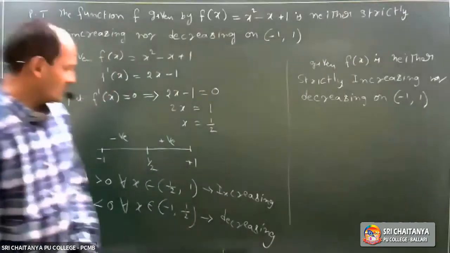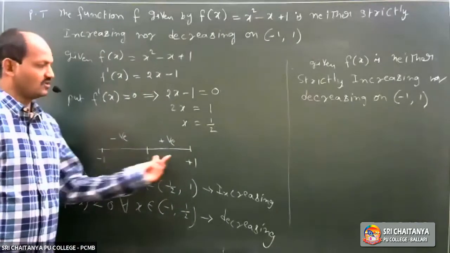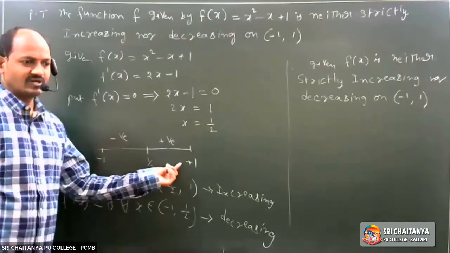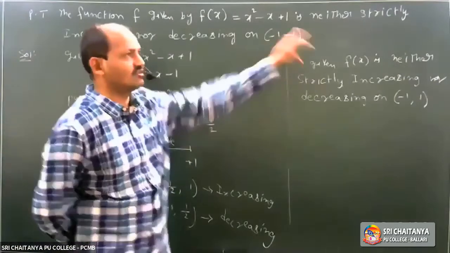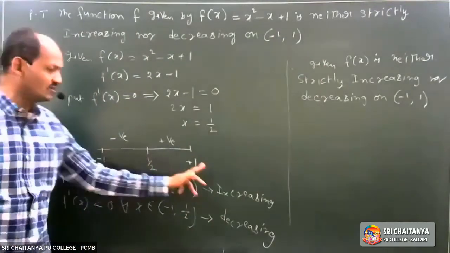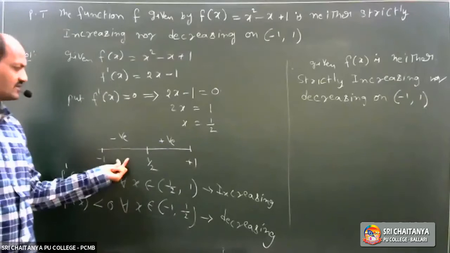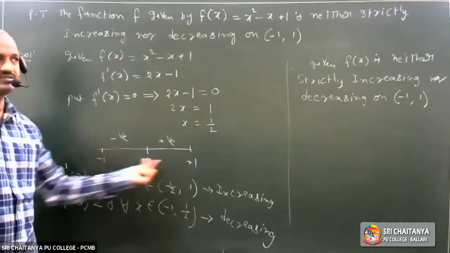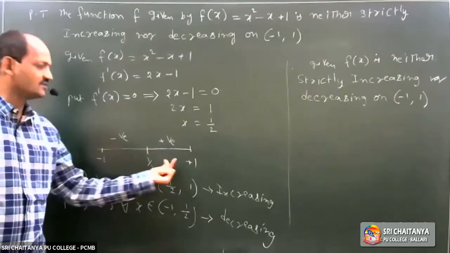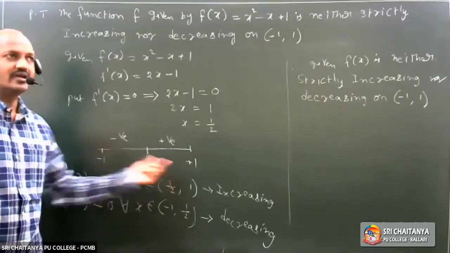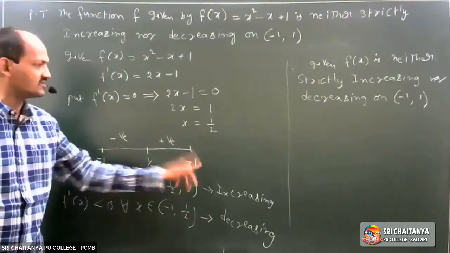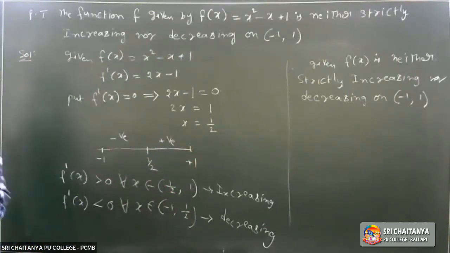Only increasing, only decreasing we found here. But verify in between minus 1 to plus 1: some intervals are negative, some intervals are positive. That means some intervals are decreasing, some increasing. Therefore, it is neither in between minus 1 to plus 1. Okay, write down fast.